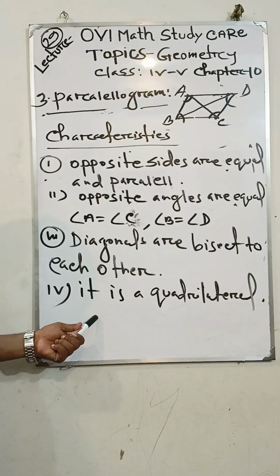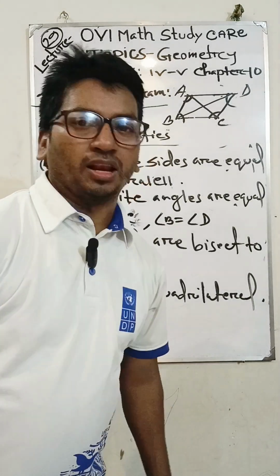And characteristic number 4 of a parallelogram, it is a quadrilateral.